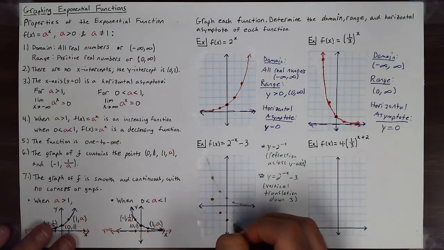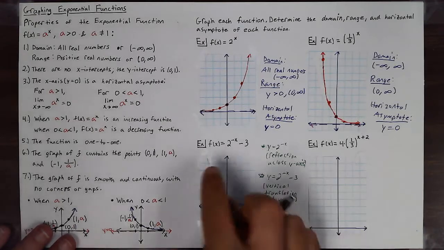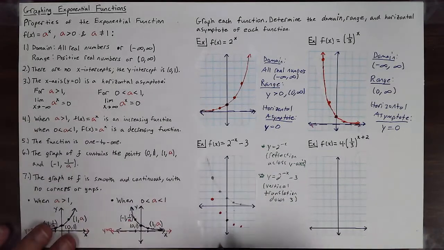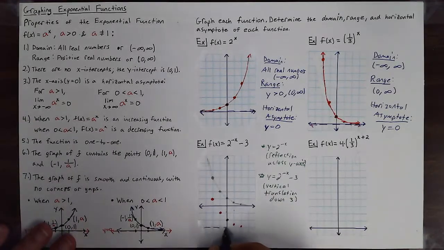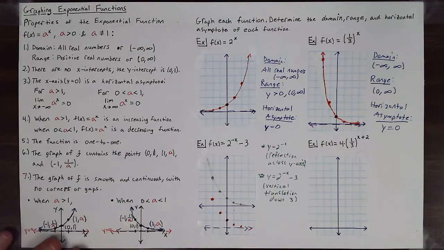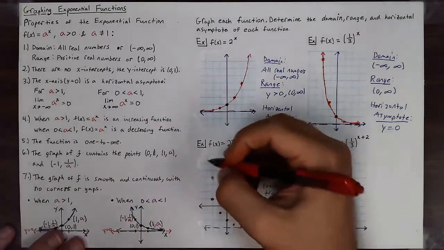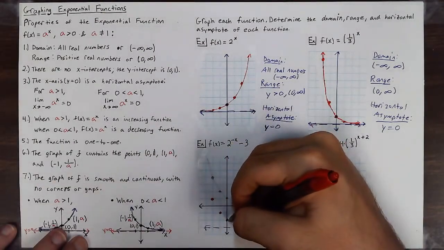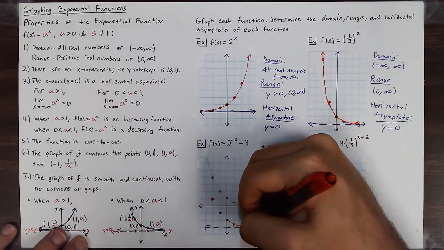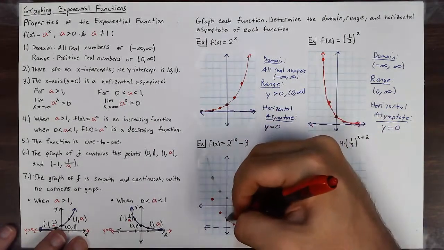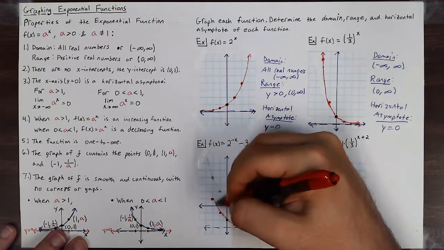So now my function is starting to flatten out at a different spot, at y equals -3. So when I go to graph this, it flattens out along that line now instead of y equals 0, then climbs upwards.